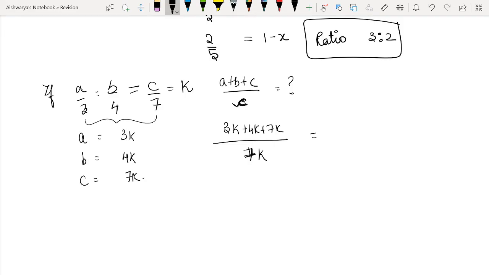When you add this, you get 14k by 7k. k and k are common quantities and again 7 is common, so it will become 2. 2 is the value of this particular term. Very simple question but commonly asked: 3 terms equal to one another.